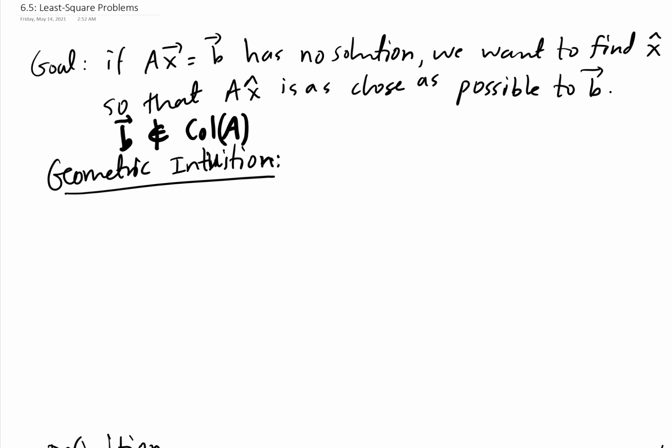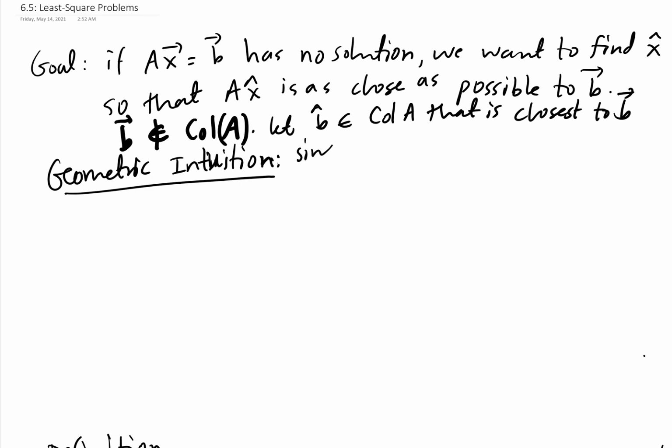So what we need to do here is, let's say, instead of vector b, we're going to have b hat, which belongs to the column space of A, that is the closest to vector b.